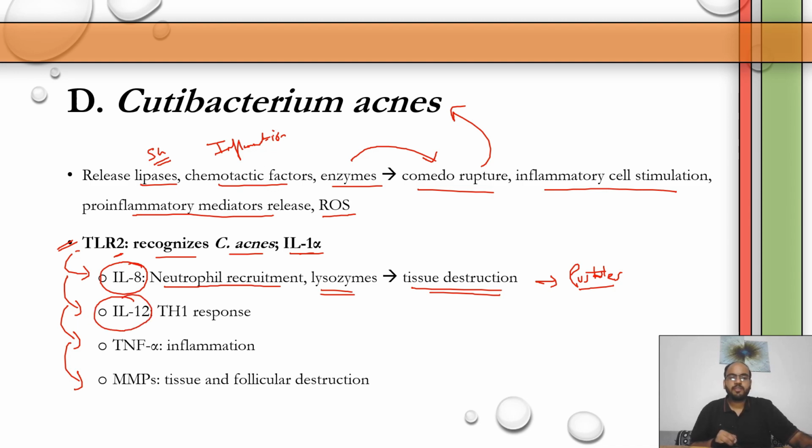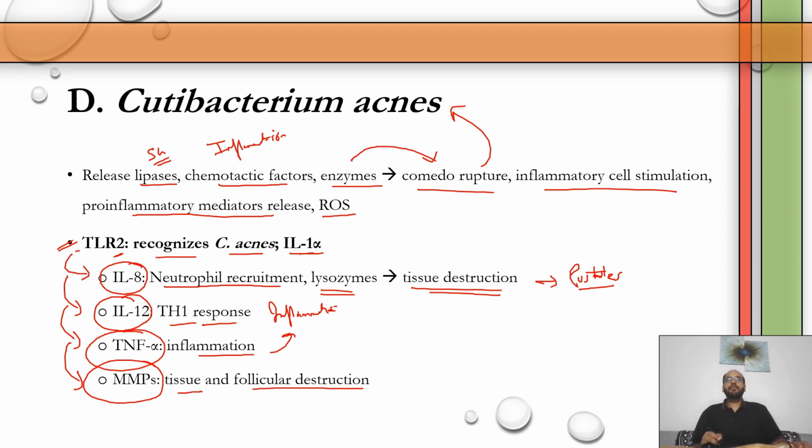Interleukin 12 is responsible for activation of Th1 response. So more inflammation. TNF alpha stimulation, which is again more inflammation. We have discussed that in the previous slide. And matrix metalloproteinases. This will lead to tissue and follicular destruction. Now, remember that MMPs or matrix metalloproteinases are responsible for collagen destruction.